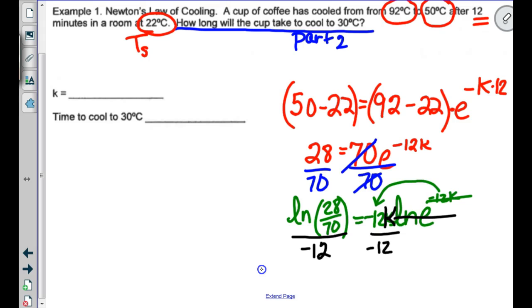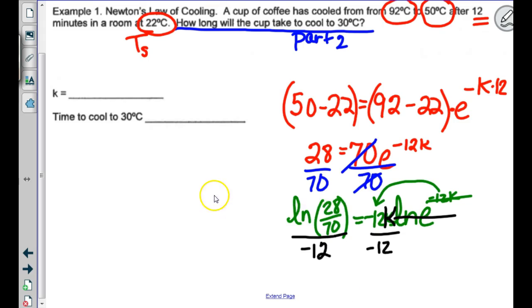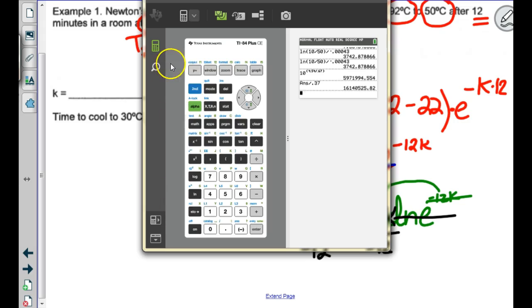Okay, so on the home screen, I should be doing this so you can see it. ln of, was it 28 over 70? Did I remember right, or is it the other way around? Thank you. Close parenthesis, and then divide by negative 12.